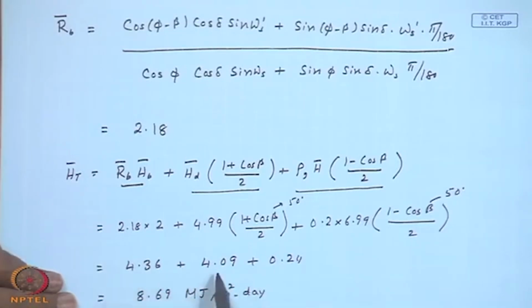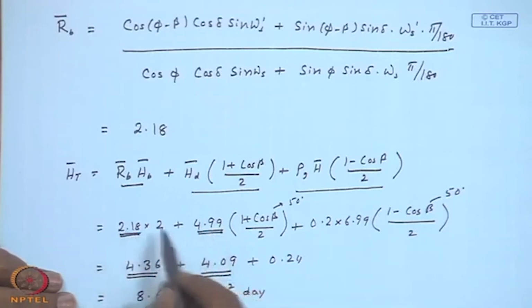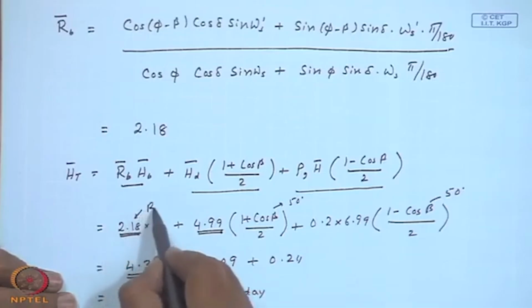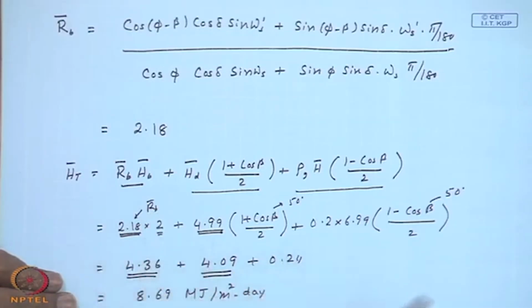If you see, the diffuse component contribution is as much as the direct radiation contribution, though actually direct radiation is rather low and diffuse radiation is rather high, but you have got a large R B bar in winter months. Okay.